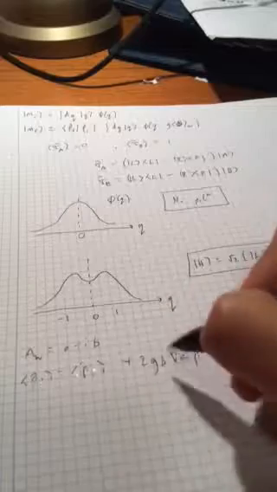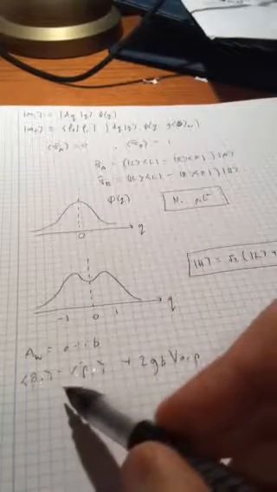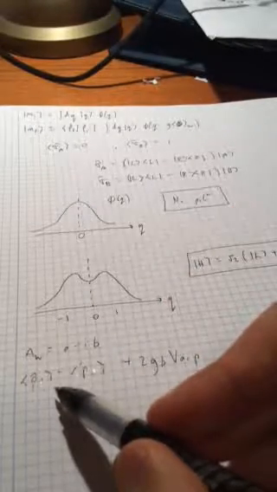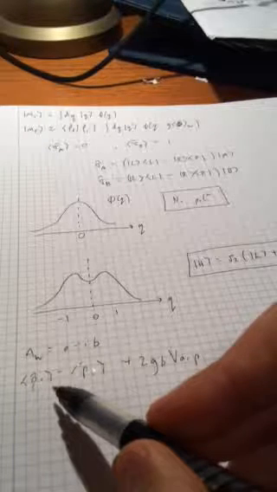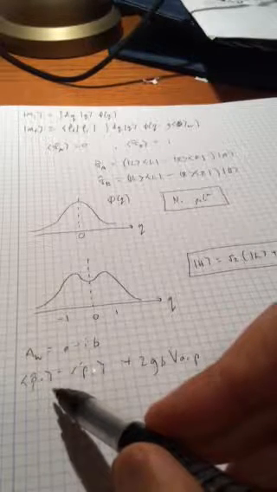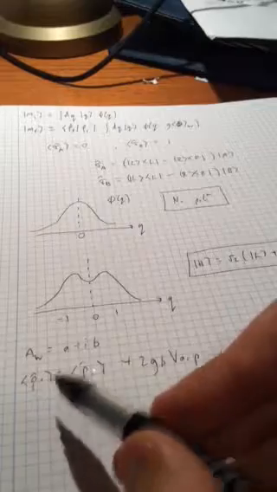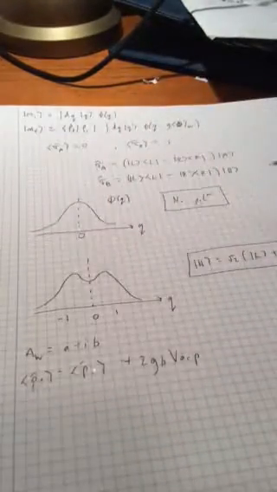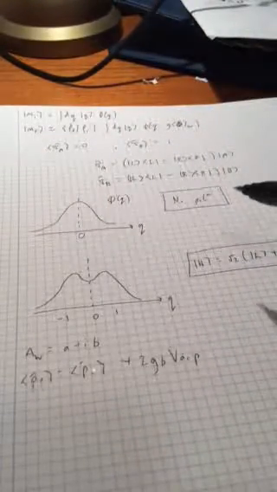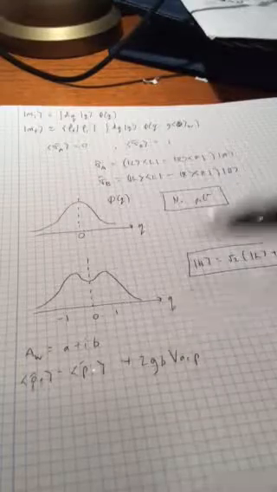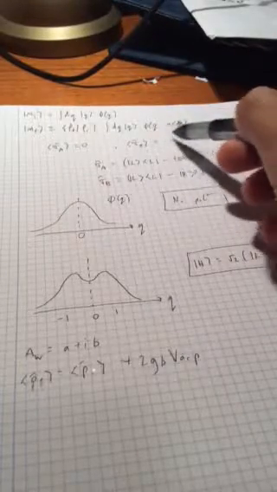So what this tells us is that the momentum changes, which suggests that the initial wave function, which looks like this, should change after interaction with the pointer if there's an imaginary component.